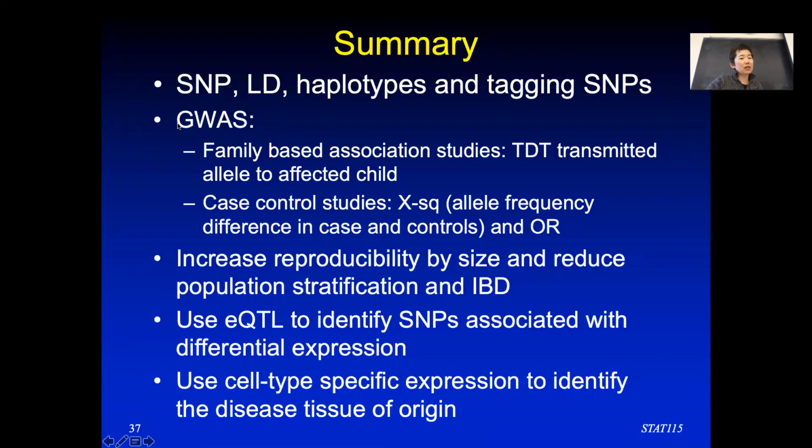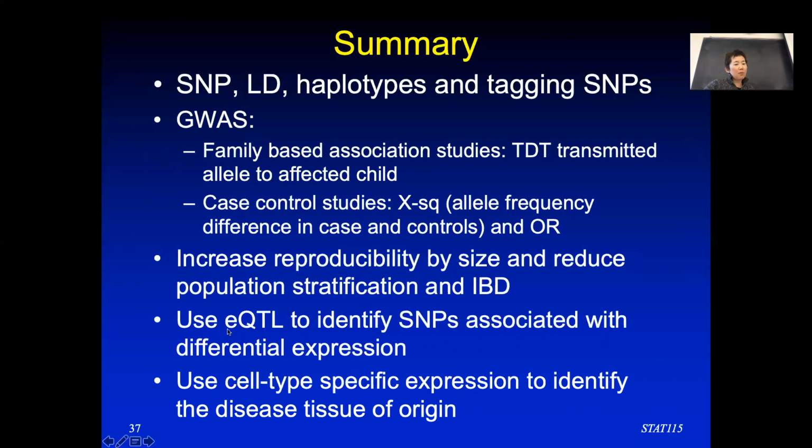And for GWAS studies, you can have either family-based association studies to look at which allele gets transmitted to the affected child, or you can do case control studies to see whether there is allele transmission difference between the cases and the controls. And in order to really increase the reproducibility, you want to make sure you have big cohorts to do these GWAS studies. Make sure you reduce population stratification and also remove potential family members from contaminating your study.